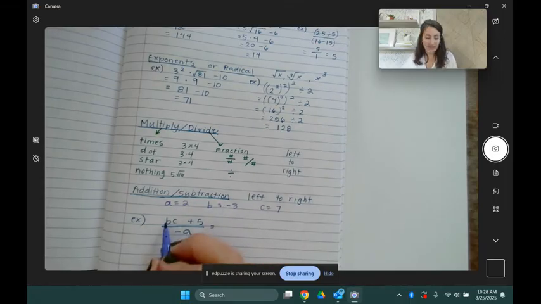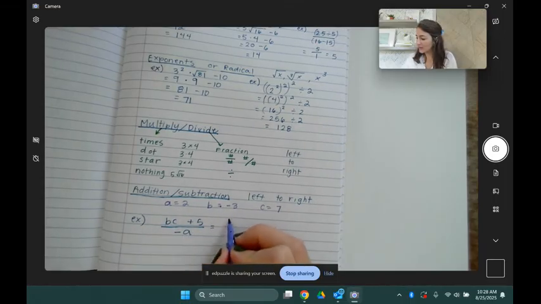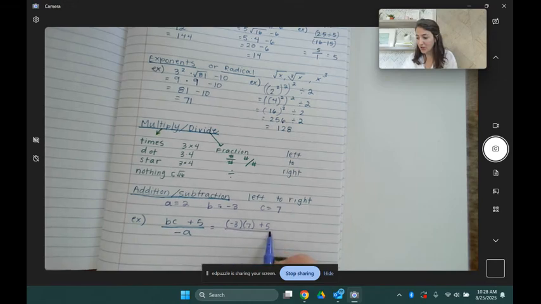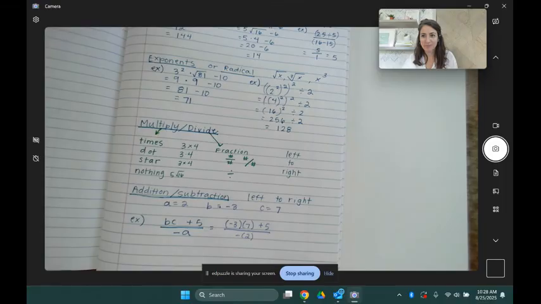So B is -3. When I'm plugging things in, I like to just throw parentheses everywhere. B is -3. C is 7 plus 5. There's no letter there. All over -A, -2.